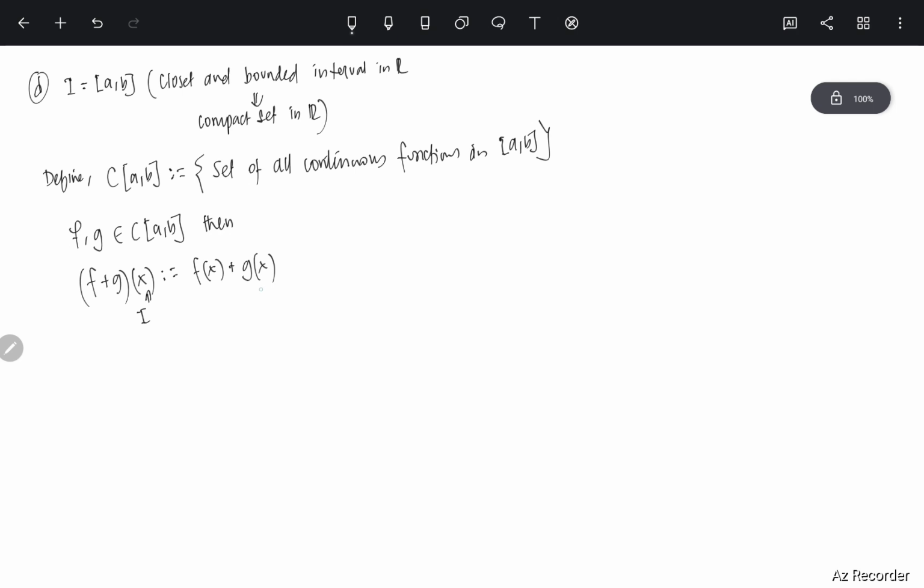You can check that this operation satisfies all the properties of a vector space. And the second one is c times f, which you can define as (c f)(x) = c times f(x).